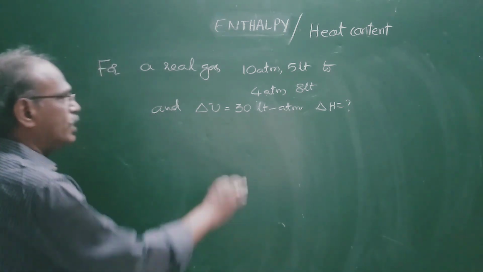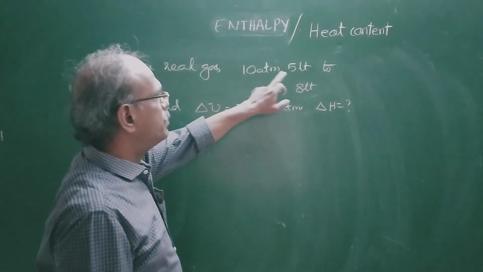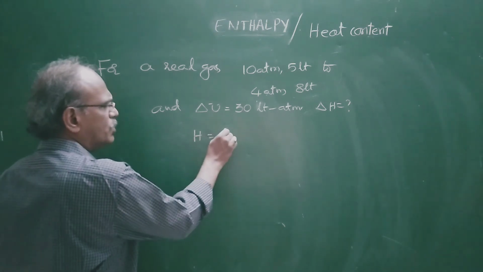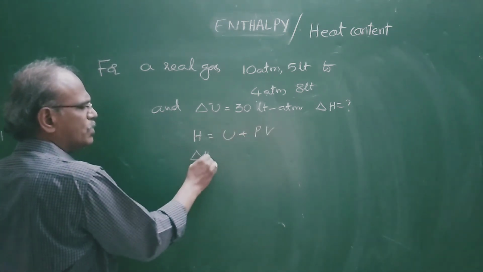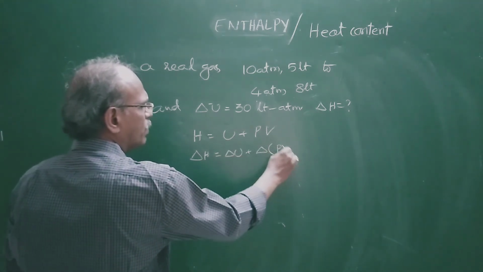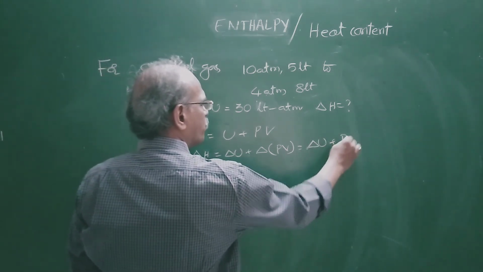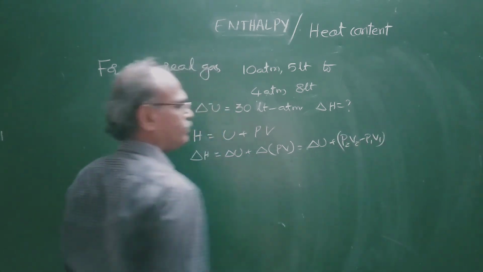Then what is the delta H for this? See here, both pressure and volume are changing. We know that delta H is equal to delta U plus delta of PV. That is delta U plus P2 V2 minus P1 V1.